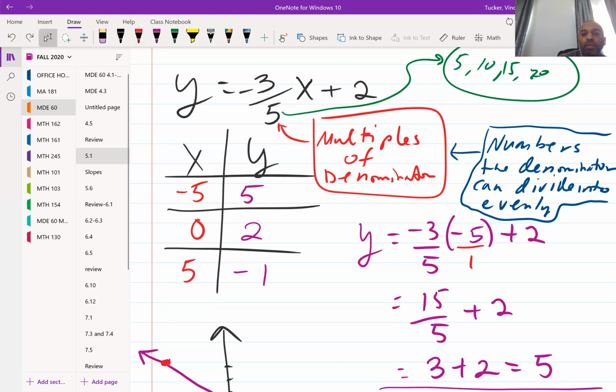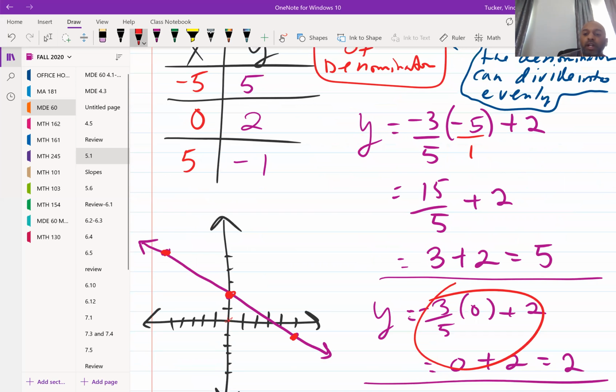Let's scroll up a little. So in the next one right here, I plugged in 0. 0 is always a good one. 3/5 times 0 is 0. 0 plus 2 is 2. So when x is 0, y is 2.